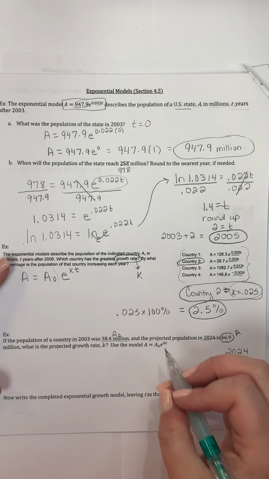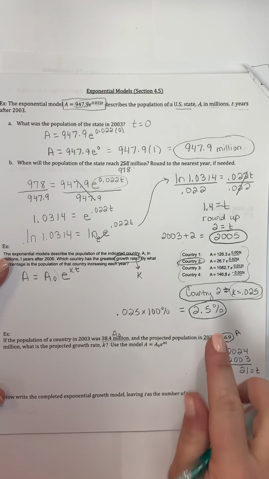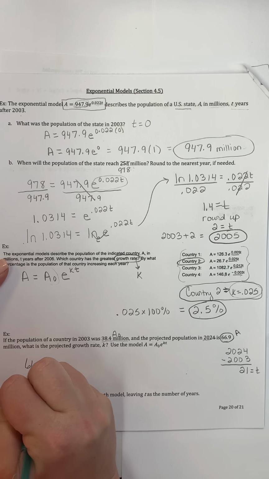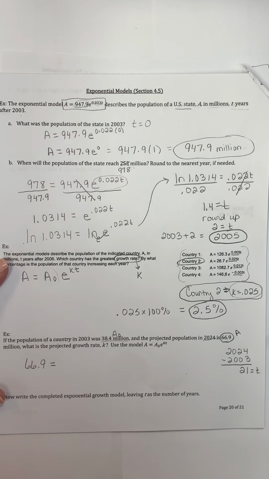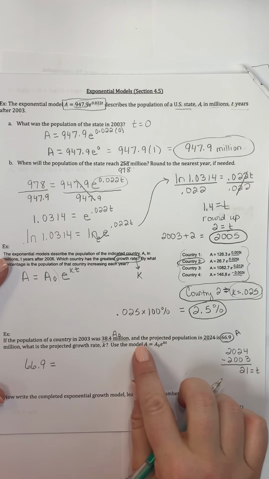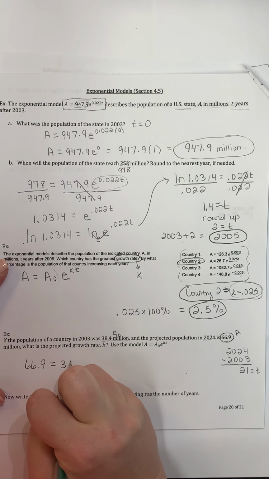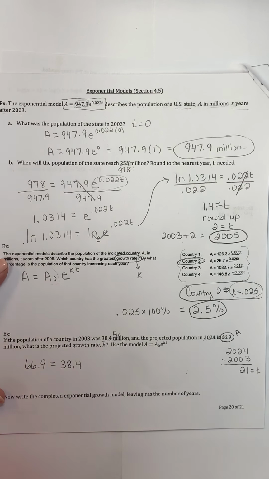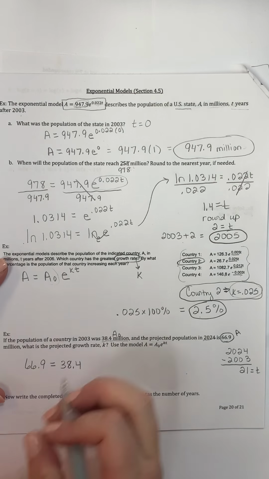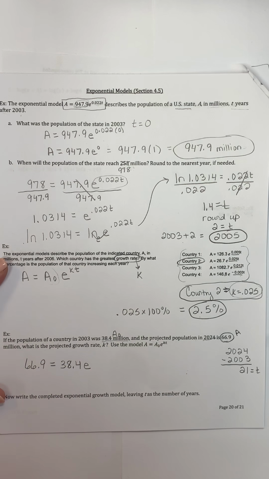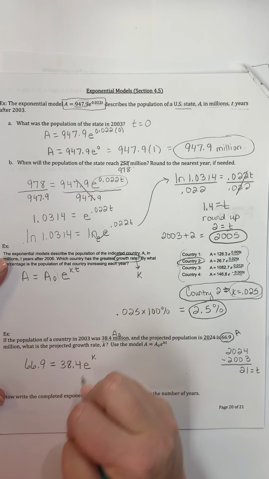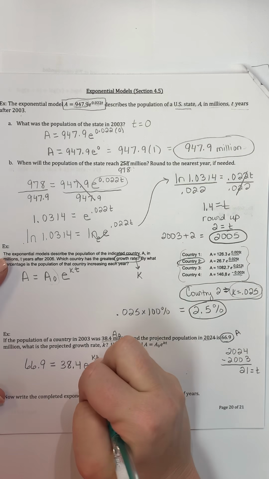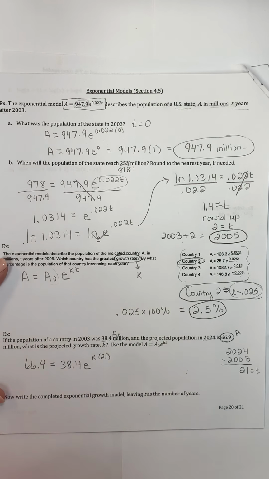Okay, so here we go. We're going to fill in what we have. A, we said, is the largest number because it's projected to grow, equals the smaller number. Remember, these are in millions. That's the original population, times E to the K, we don't know K, times T, which is 21.